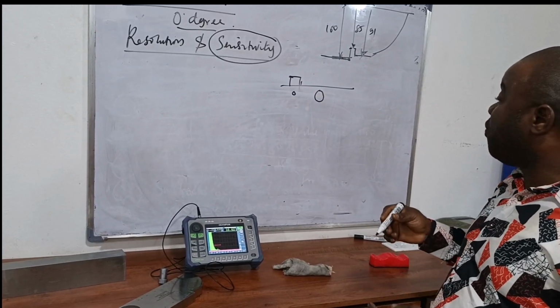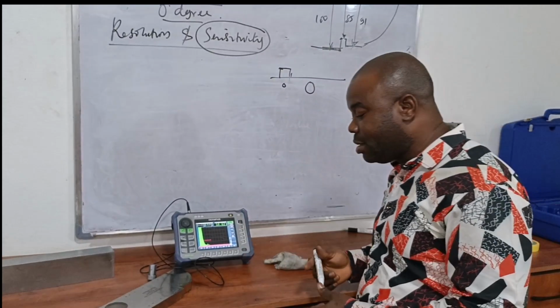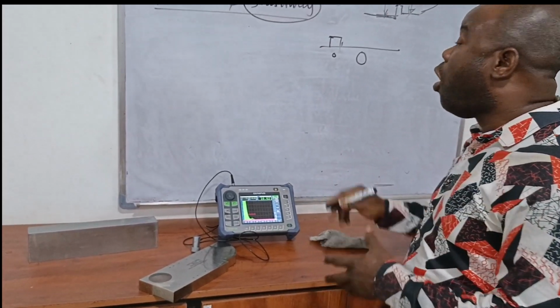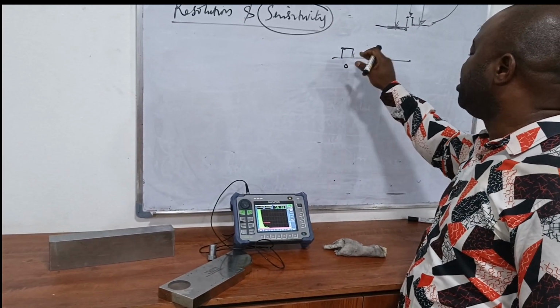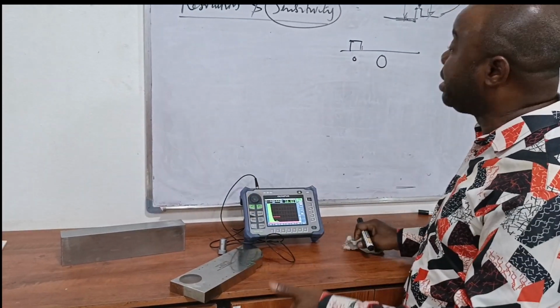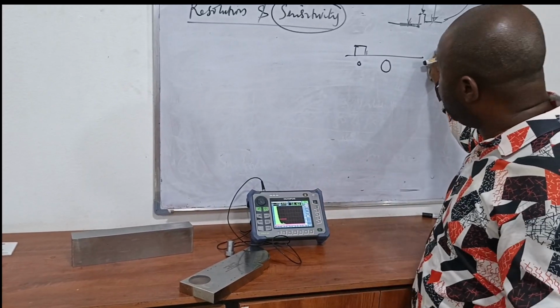That brings us to the question of how we determine the sensitivity of a UT machine. Now, this is a little bit different from the resolution.